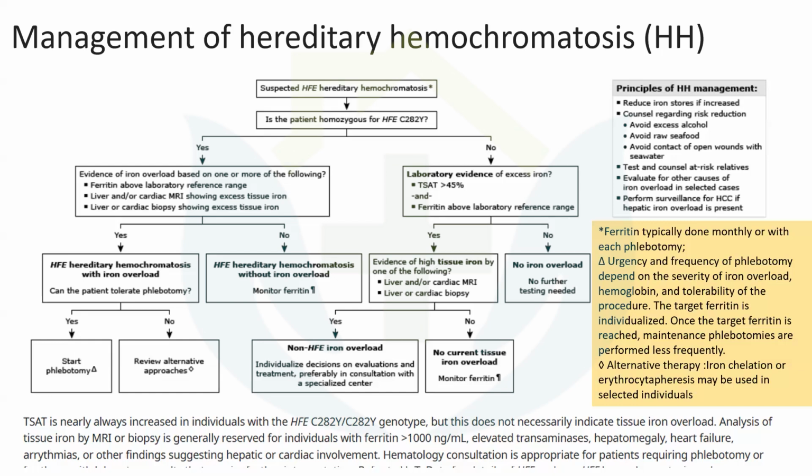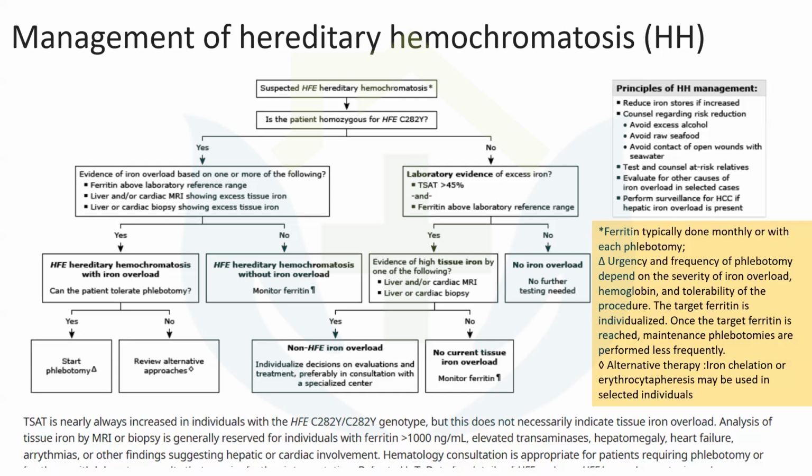And if iron tissue deposition is there, in those cases we have to individualize how much treatment we have to give, like iron chelation, or how frequently we have to do phlebotomy.